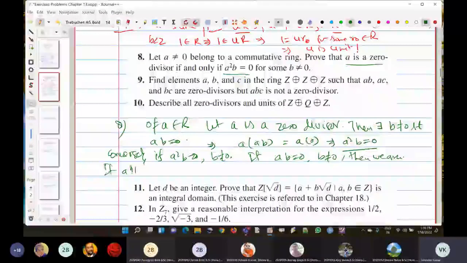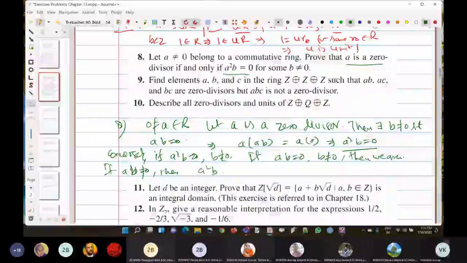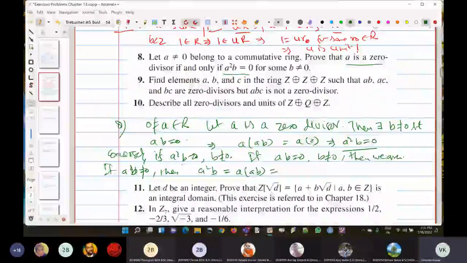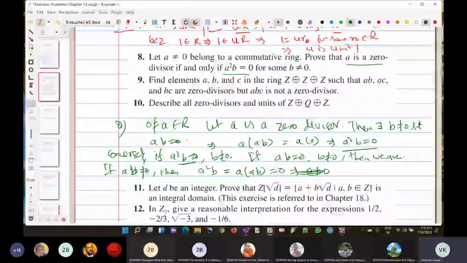And if AB is non-zero, then A squared B, by assumption, equals A times AB, which equals 0.